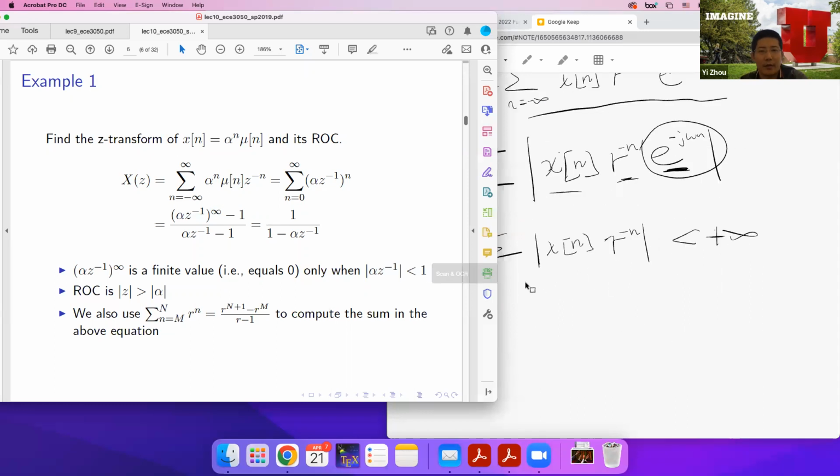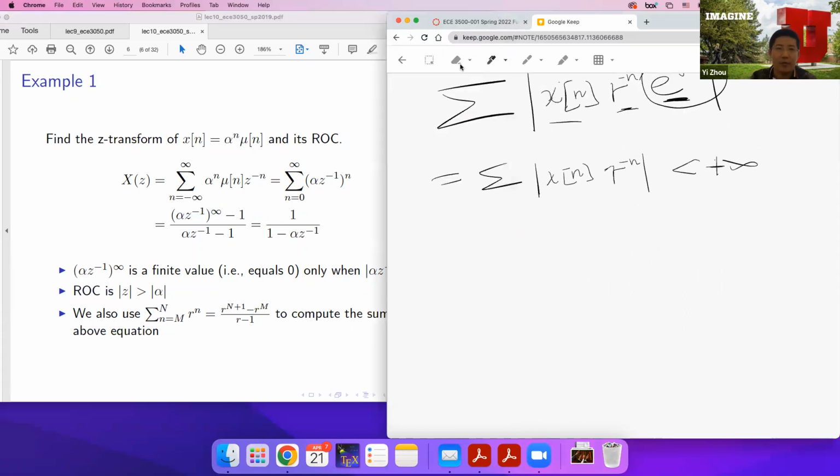From this criterion, alpha divided by z, magnitude strictly less than 1, we can solve for z. And the solution is, you can multiply by the magnitude of z on both sides. So |z| greater than |alpha|.